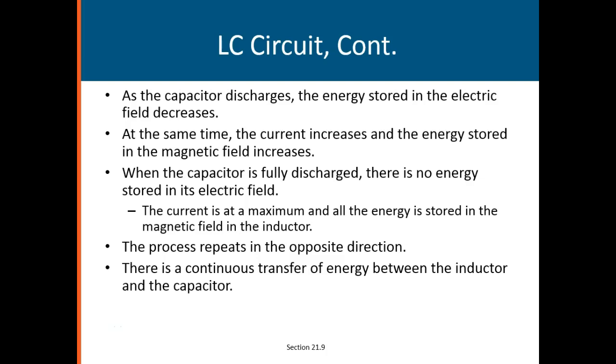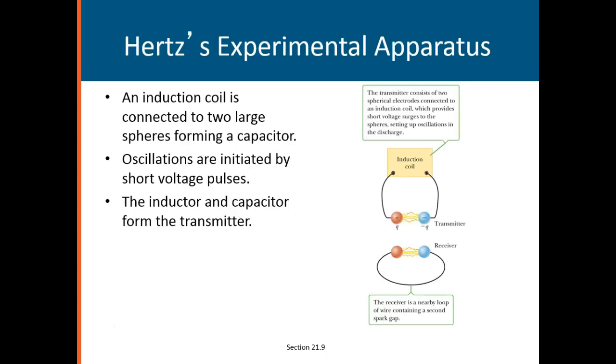When the capacitor is fully discharged, there's no energy stored in the electric field, but all of it is in the magnetic field of the inductor. The current is at a maximum and all the energy is stored in the magnetic field in the inductor. The process repeats itself in the opposite direction. There is a continuous transfer of energy between the inductor and the capacitor. Okay? That's what happens in an LC circuit.